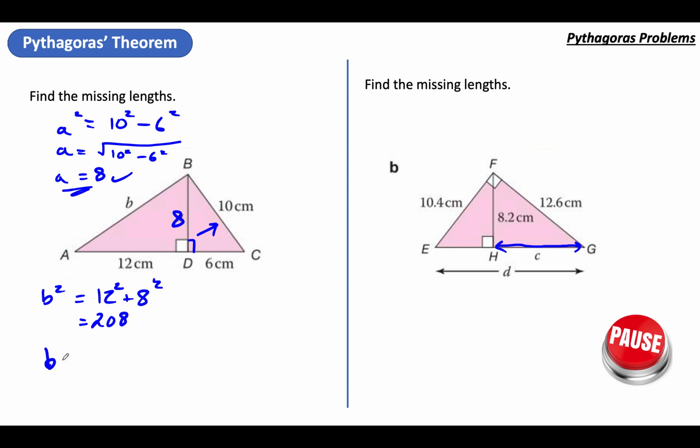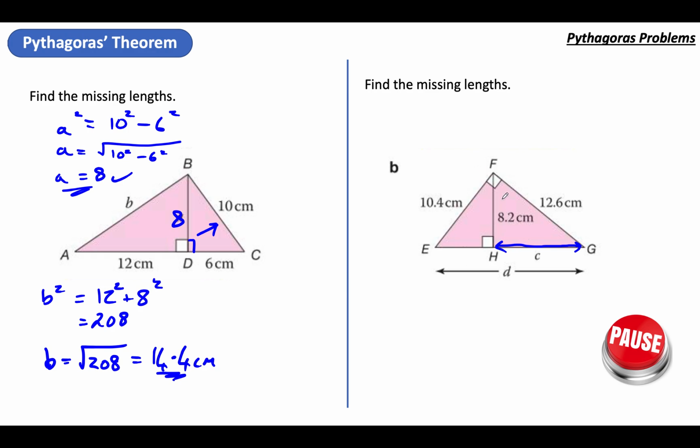But I need to square root 208. Oh, I got that wrong. Right, 4 root 13 if you like your surds, or 14.4 centimeters. Easy peasy, lemon squeezy, right?